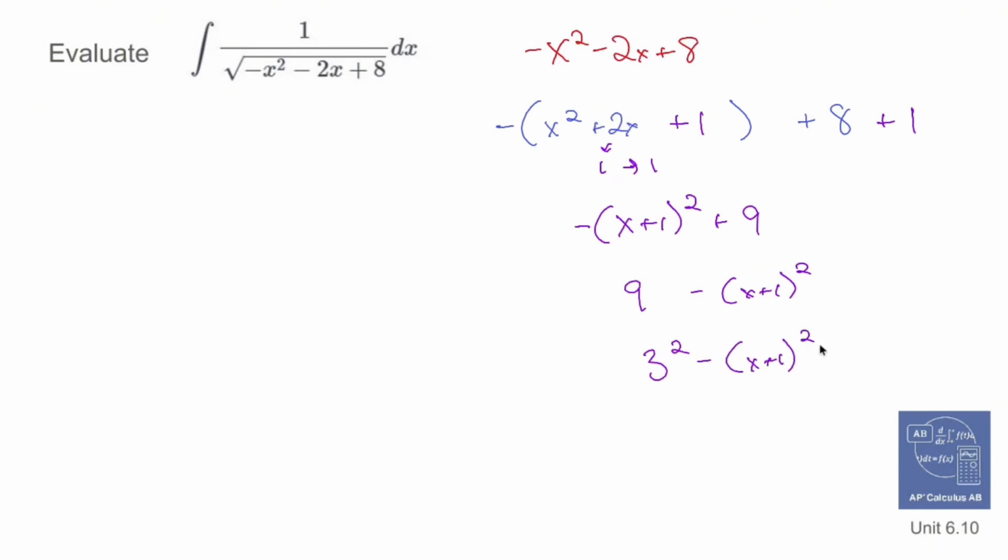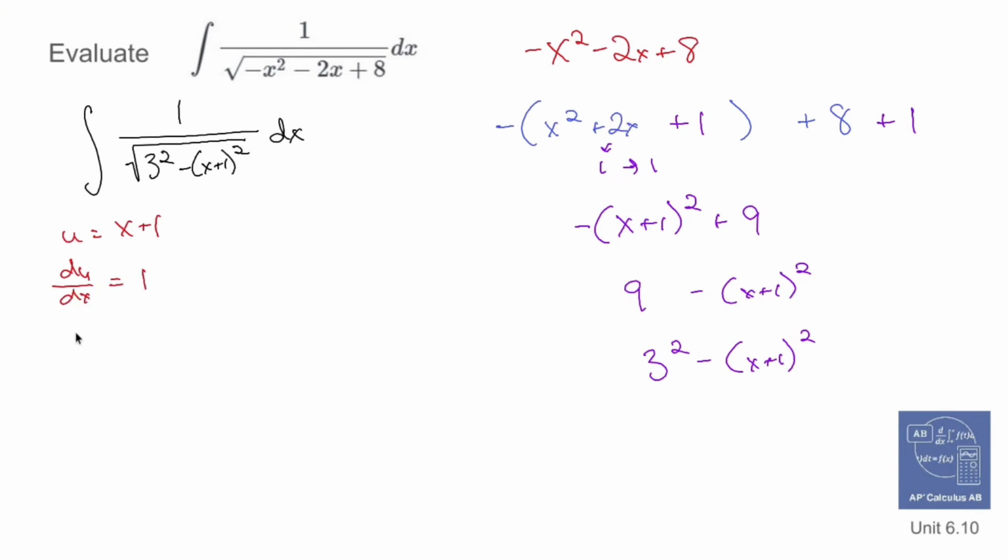I now have what I showed you I needed from before. So I'm going to rewrite this up here as the integral of 1 over the square root of 3 squared minus x plus 1 squared dx. Using u substitution, I will let u equal x plus 1, so du dx is going to equal 1, and du is going to equal dx.